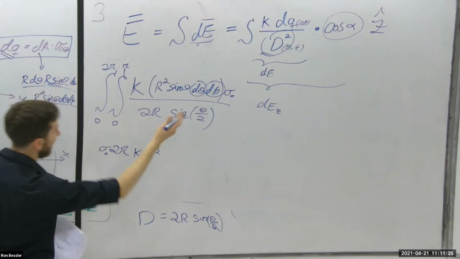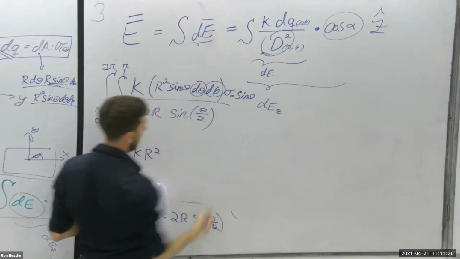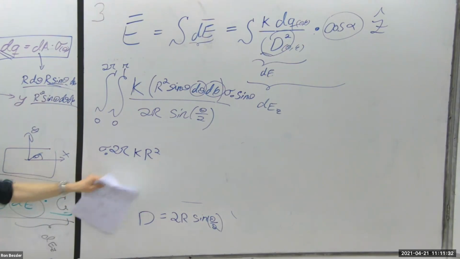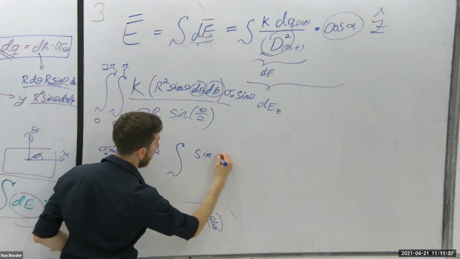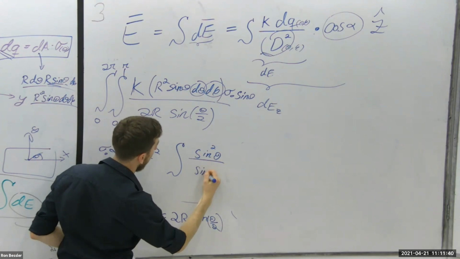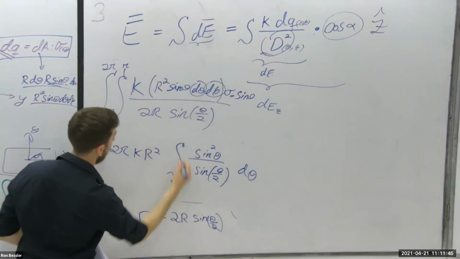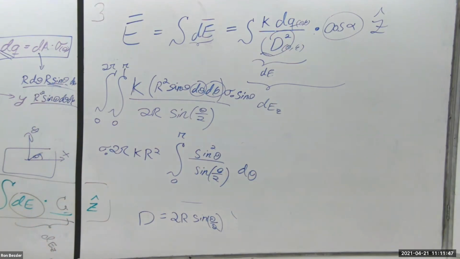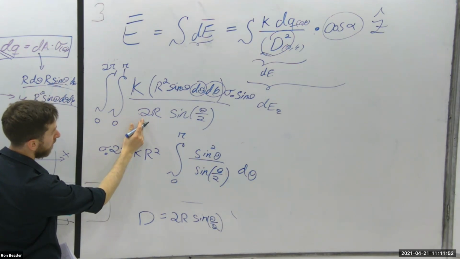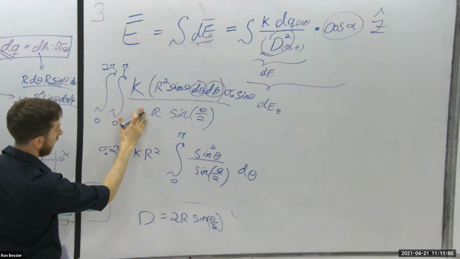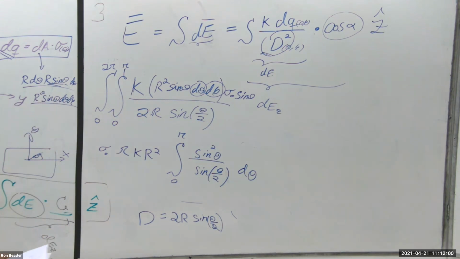We also have sine theta, which is horrible, with theta from 0 till pi. Yes, and this one cancels with this one, so this one actually died, and we can get rid of that.